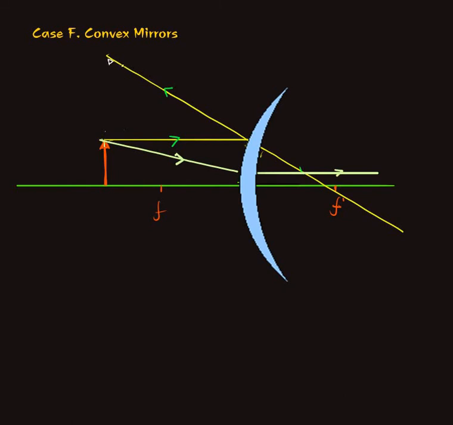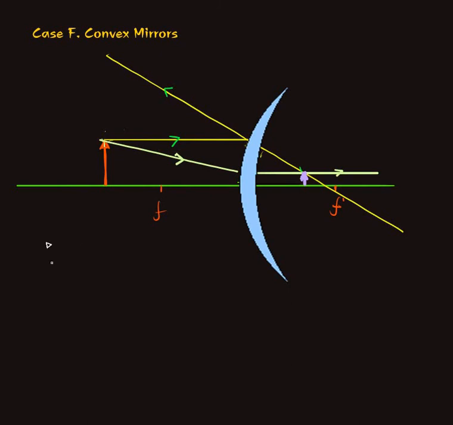In reality, it's bouncing back, but it is pointing in the direction of that virtual focus. And the one that goes pointing at the focus, when it hits the mirror, will go parallel to the optical axis, which means that the point at which these two rays converge here is where the image is being formed.